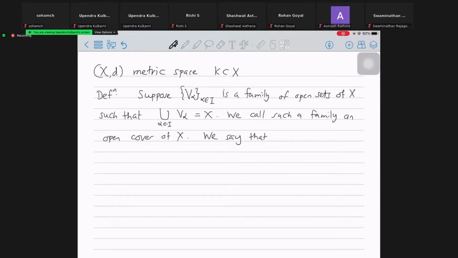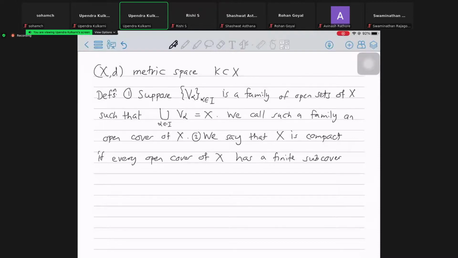We say that X is compact if, which is to say, suppose I am given whatever family of open sets whose union is X, then no matter what the family is, I should always be able to extract a finite number of V alphas whose union is X. If such a thing happens, then I call X to be compact.